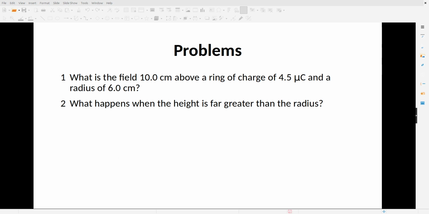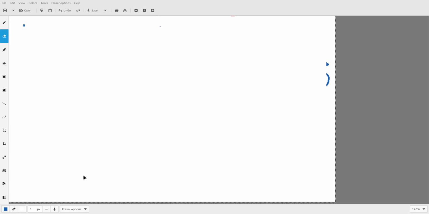I'll do it here. Two pi times 8.99 times 10 to the 9. Here's your 2 pi, here's your k. Now what's lambda?